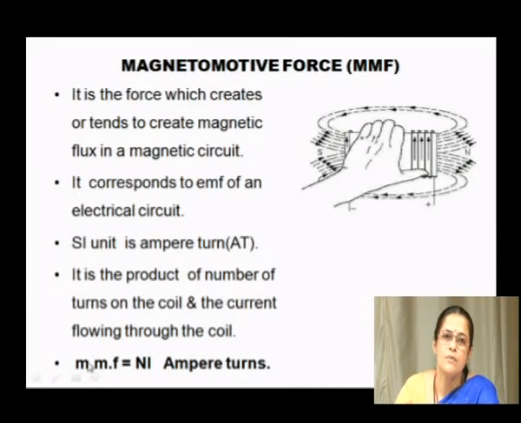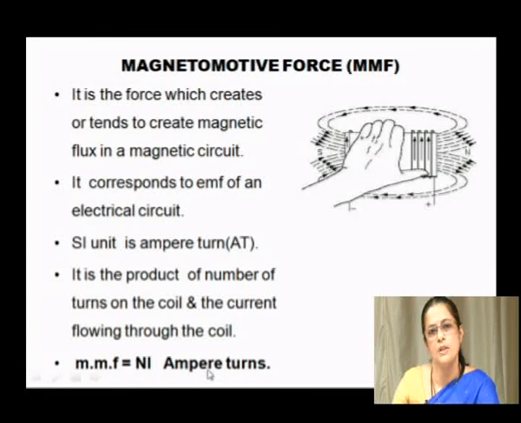So, M.M.F is given by N into I, where N is the number of turns of the coil, I is the current flowing through the coil, and the unit is therefore ampere turns. We know the unit of current is ampere and N is the number of turns.